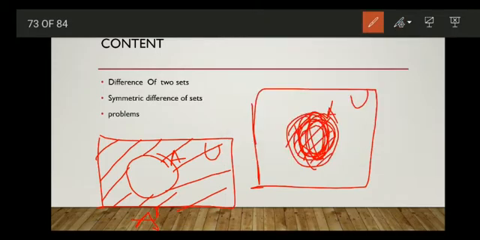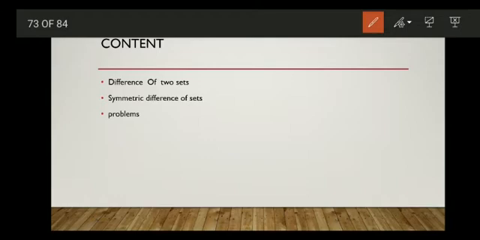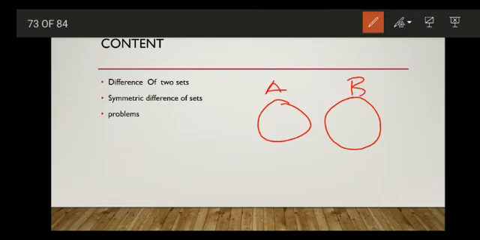So next we'll see what is the union of two sets. If two sets A and B are there, and they are disjoint sets, meaning there are no common elements between these two sets A and B, we will be having A and B like this.